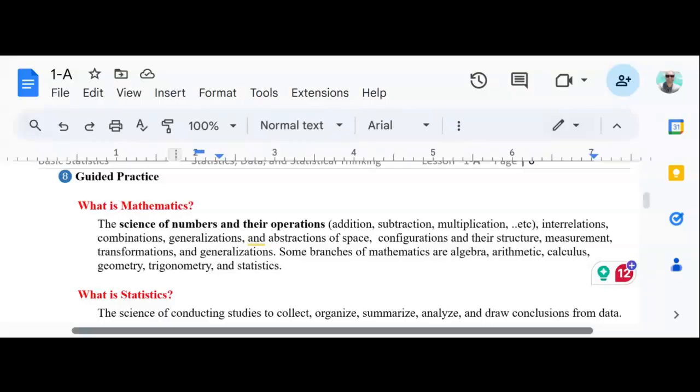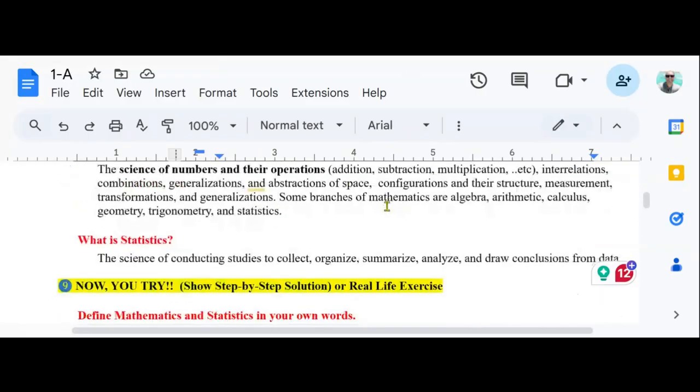Some branches of mathematics are algebra, arithmetic, calculus, geometry, trigonometry, and statistics. That's what we are doing. So statistics is a branch of what? Of mathematics. Is this clear? Clear.